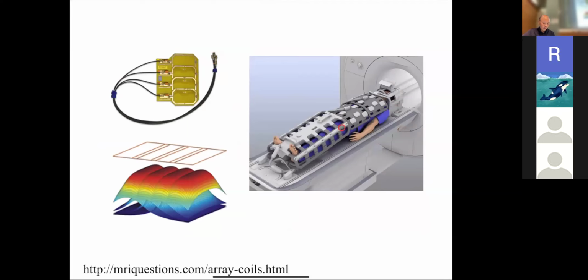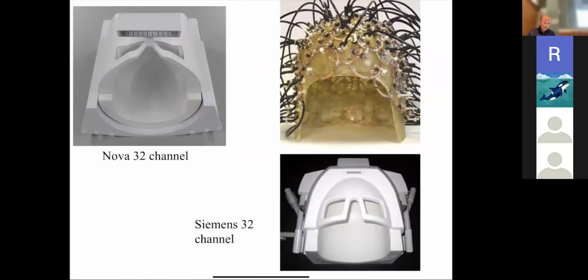This is an example of an array coil. So here, there's lots of little receiver coils in this that are covering the entire body. And this is an example of how things go from academia to industry. So this is the prototype version of a coil, and you can see each of these is just a copper loop, and it's connected to a cable, and each of these is a receive-only coil.